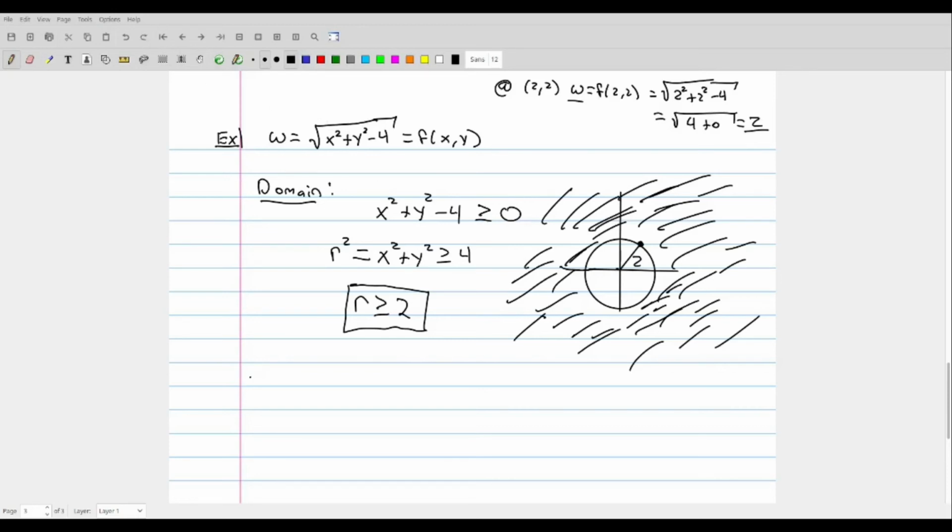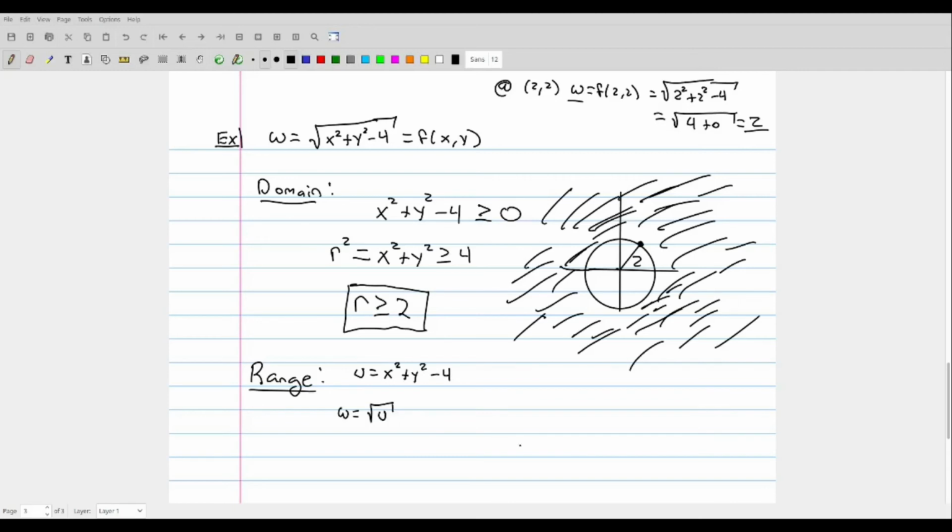Now for the range, it's a little bit different. The range is asking what values this function hits, or what values this function maps to. What you can do for the range is always view this as a composition. That's probably the nicest way of doing this. If you view u as being equal to x squared plus y squared minus 4, then w is just equal to the square root function of u.